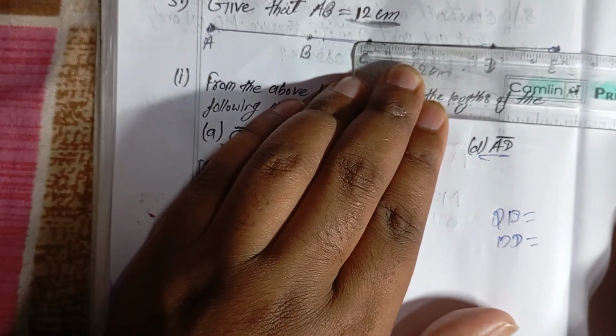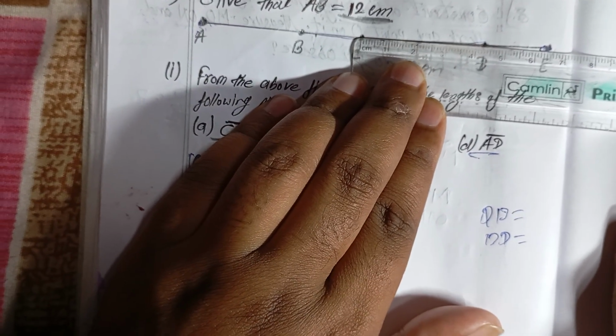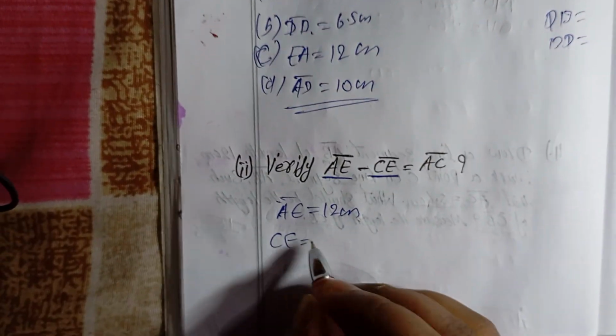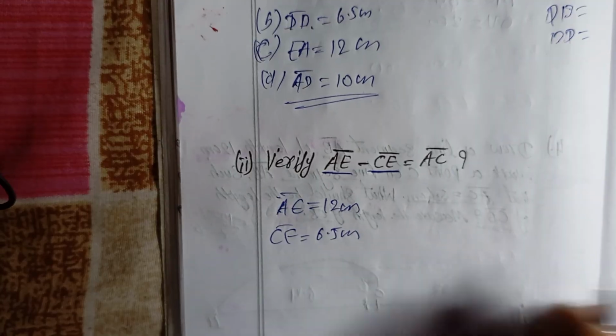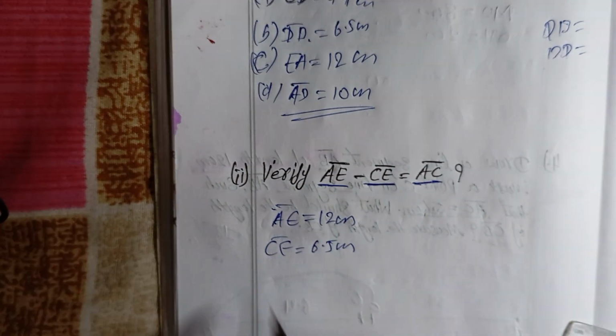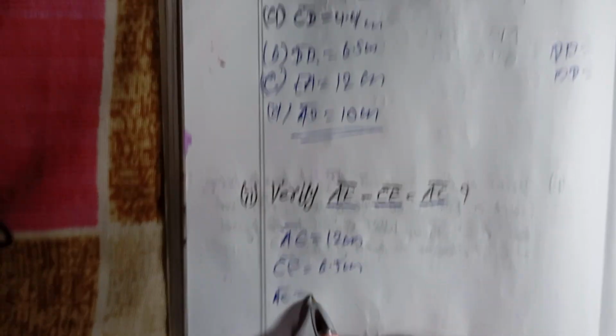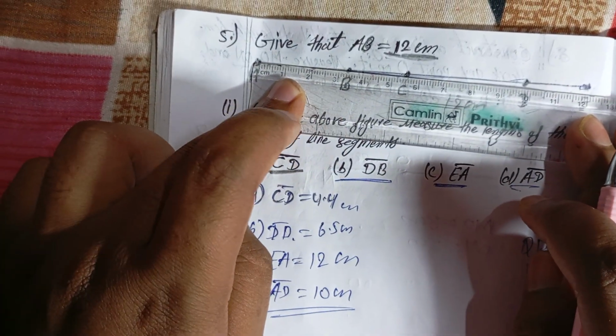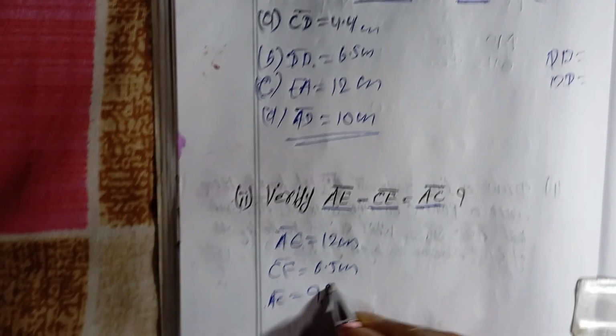Now measure C and E. The distance of CE is 6.5 centimeter. Then it is asking what is the distance of AC. We don't know the AC difference, but let's find it here. It is 5.5. The AC distance is 5.5.